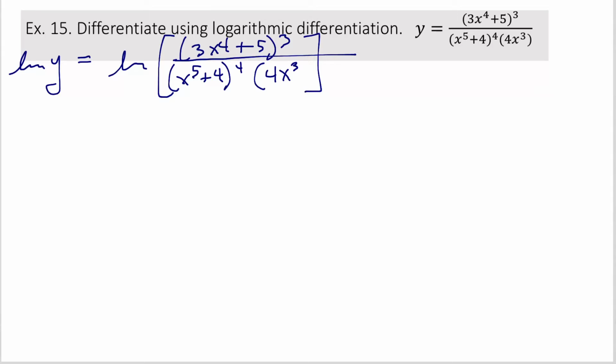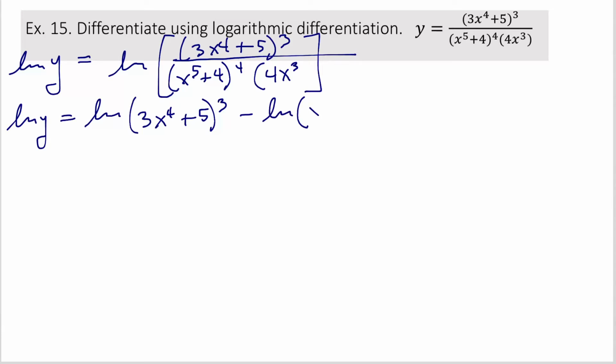All right, so now I can go ahead and use my log properties. So I've got the natural log of the numerator minus, because I've got some division here, the two things that are in the denominator, minus another thing, minus the natural log of 4x^3.